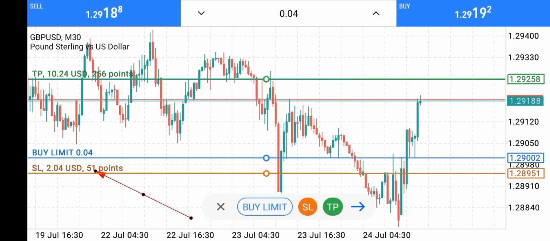So your stop loss right here is 51 points, that is 51 pips, and your take profit right here is 256 pips.